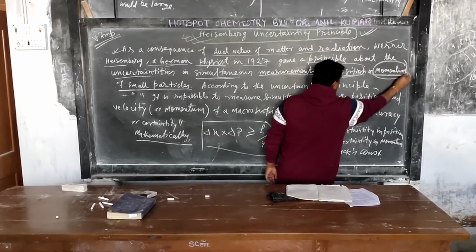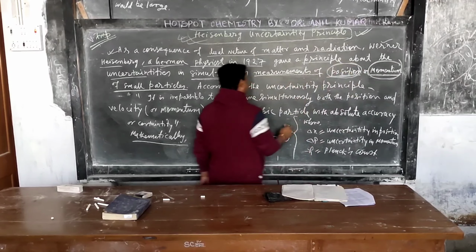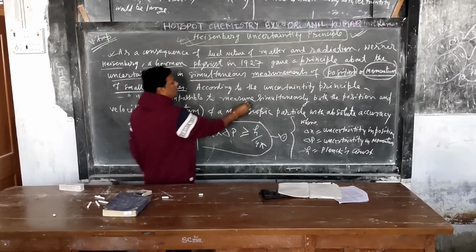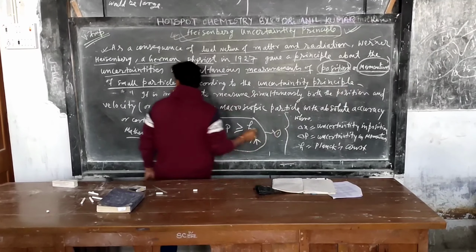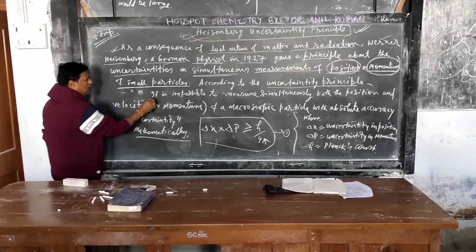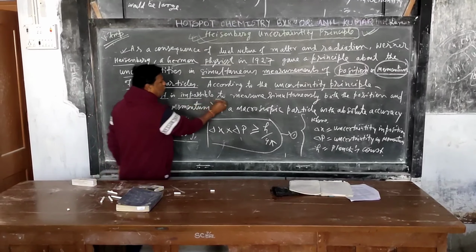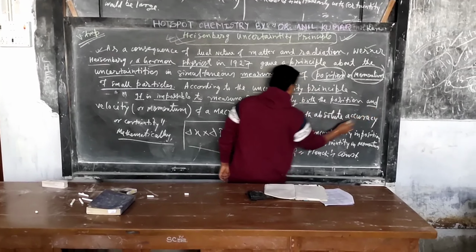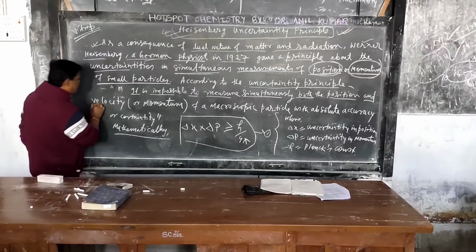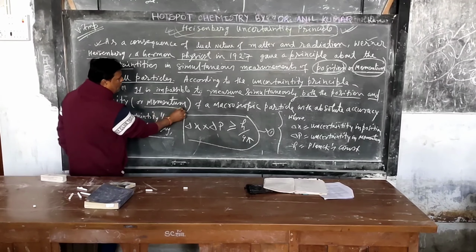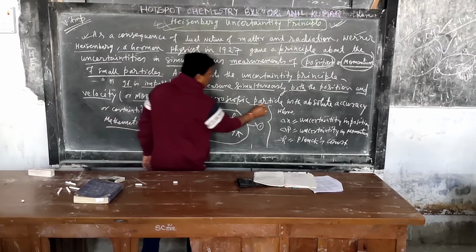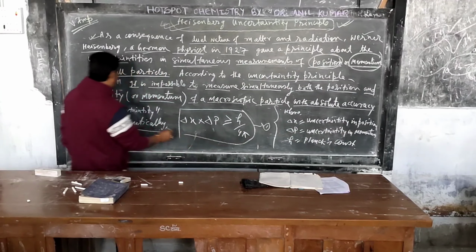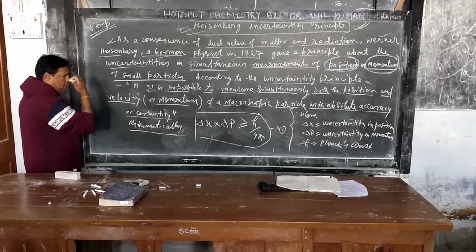Remember this, position and momentum, of small particles. According to the uncertainty principle, it is impossible to measure simultaneously both the position and velocity, you may say momentum, of a microscopic particle with absolute accuracy or certainty.